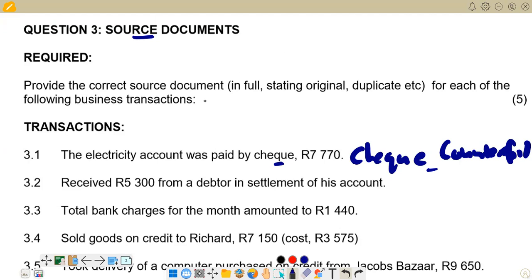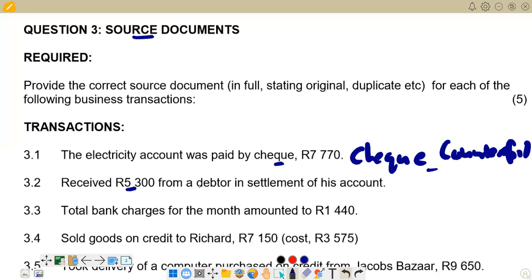So on the next one, which is 3.2, it reads: received 5,300 rands from a debtor in settlement of his account. Remember, this is cash that is being paid, and the statement is saying received 5,300 from a debtor in settlement of his account.